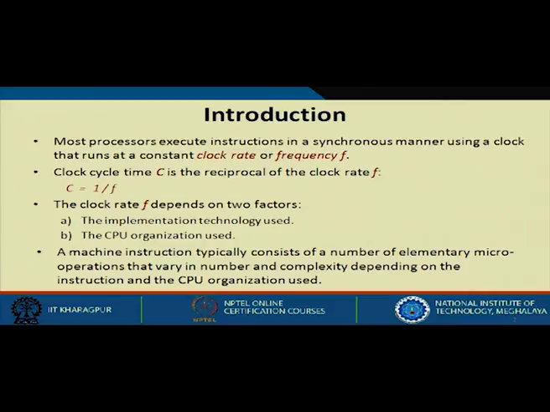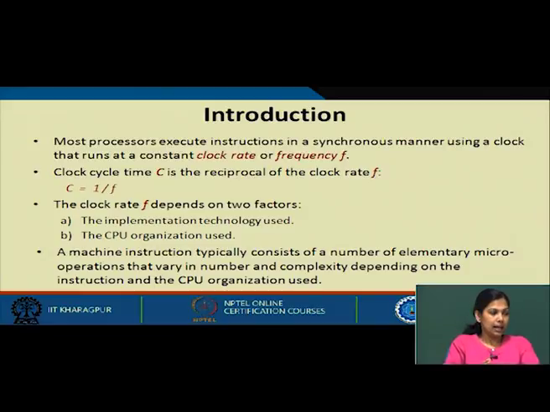So, coming to the introduction, we know that most processors execute instructions in a synchronous manner using a clock that runs at a constant clock rate or frequency. So, what do we mean by that? By this, what we mean is processors execute some instruction that we have seen.